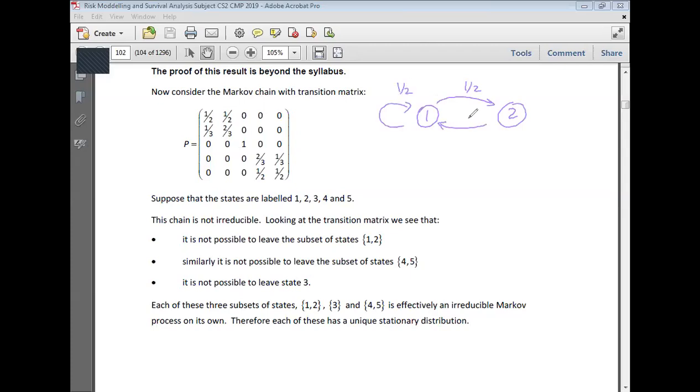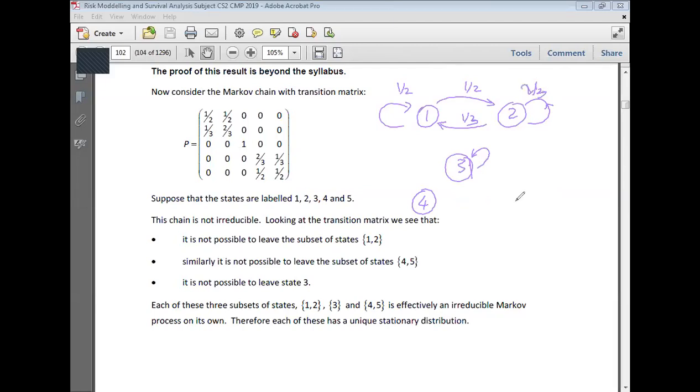You'll come back with a half, and you'll stay there with a half. If you are in 3, you're just going to stay there. And 2 to 1, the probability is 1 by 3. Sorry, 2 to 1 is 1 by 3, and here it will be 2 by 3. Thank you very much.